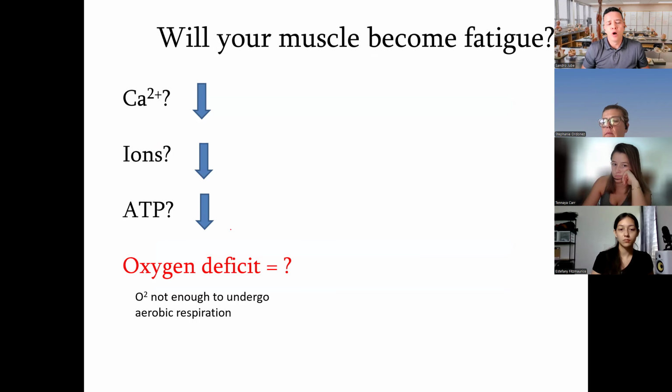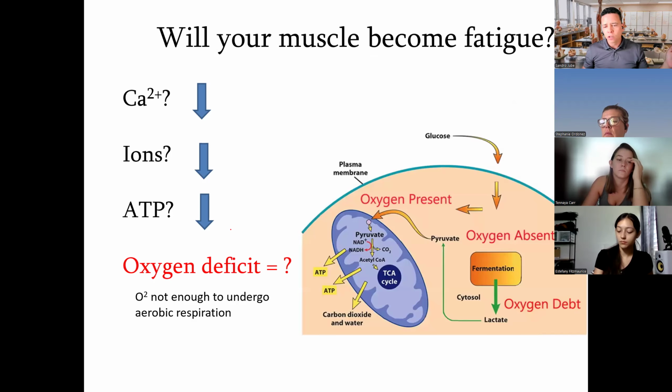Now, what happens when we go into oxygen deficit as we continue to exercise, right? The amount of oxygen going to your cells goes down because you're breathing hard and they're consuming more oxygen. What's going to happen is that now all the glucose is going to go through fermentation. Because remember, in order to have glycolysis, we need oxygen gas.